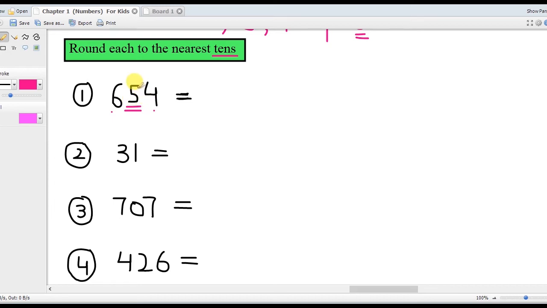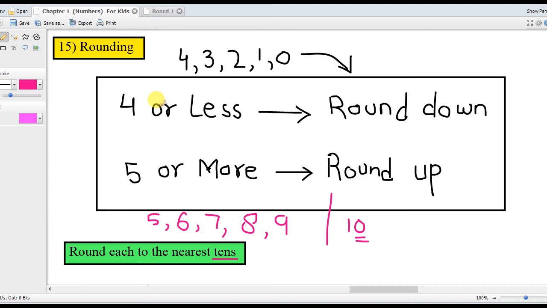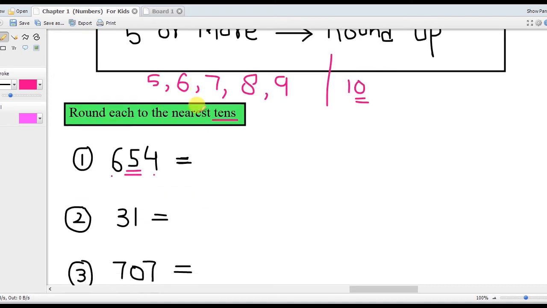Now look at the digit after the tens place, which is 4. Consider those two rules in your mind and see whether that digit is 4 or less, or 5 or more, right?